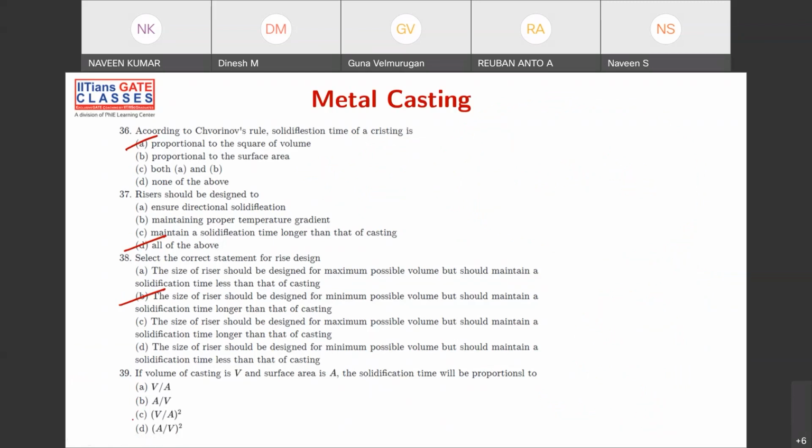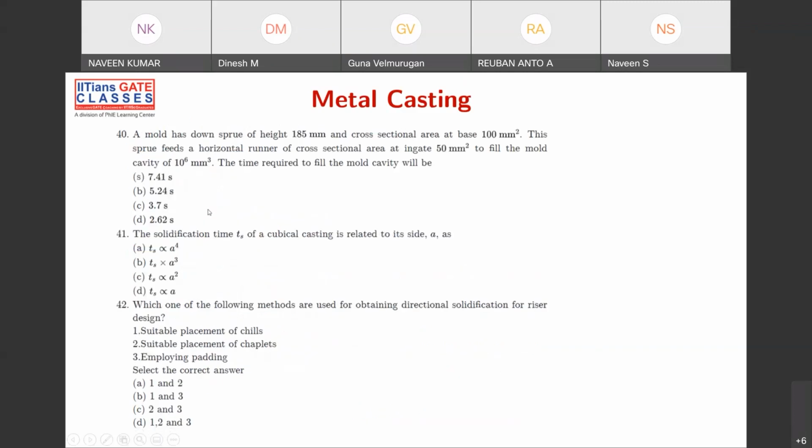Is it right or wrong? We have already seen this so many times. The answer is C. Ts is equal to K into, or Ts is directly proportional to (V by SA) whole square. We have seen that. There is no point in writing. Okay, answer is C. This is B. This is D. Okay, fine. Next one.